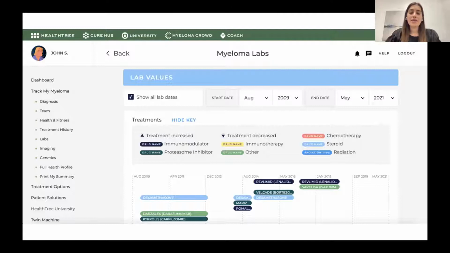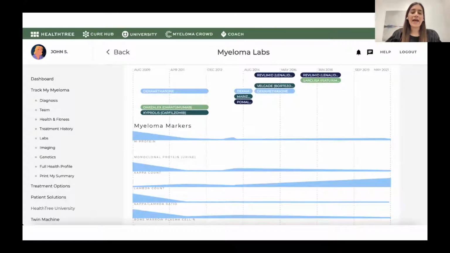Okay, so this is the cool thing about HealthTree Cure Hub: you have this chart. And Patty, if you can show us the next slide. At the top you see your treatment, and then at the bottom you see the labs and how they're going up and down on each stage of your treatments and myeloma.